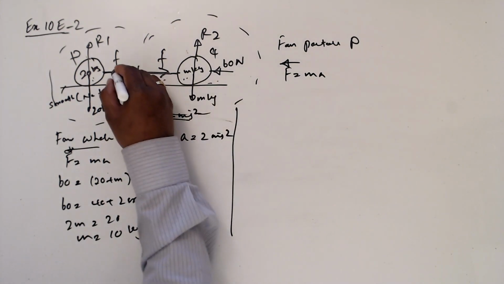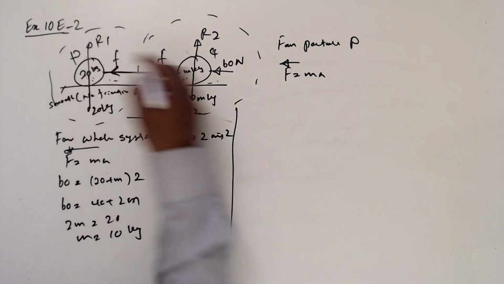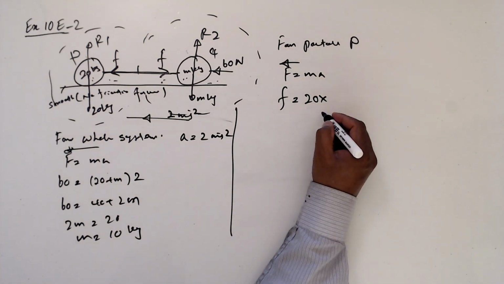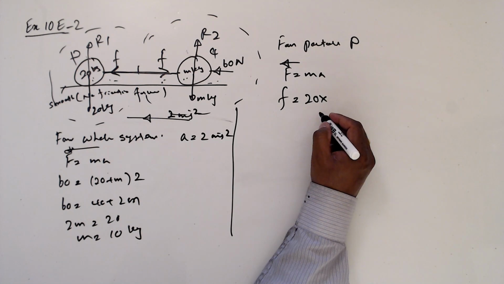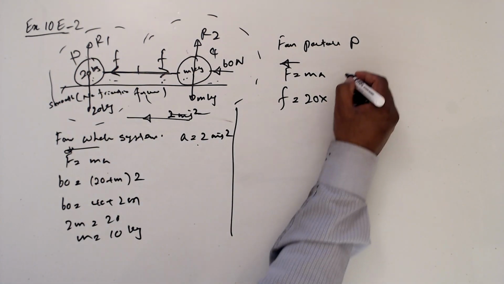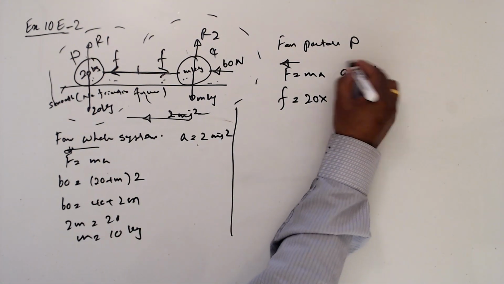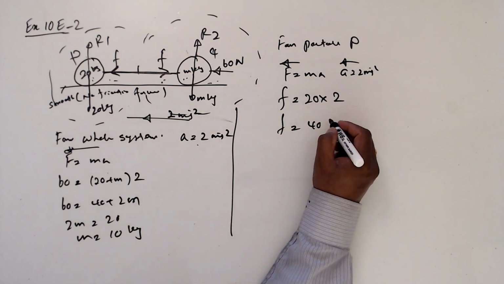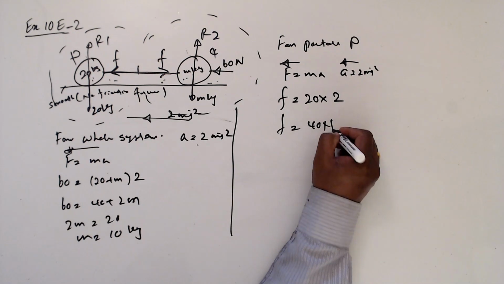We have thrust F, this is the only force we have. M is 20 and a is given, we know that it is 2. So thrust is 40 Newton.